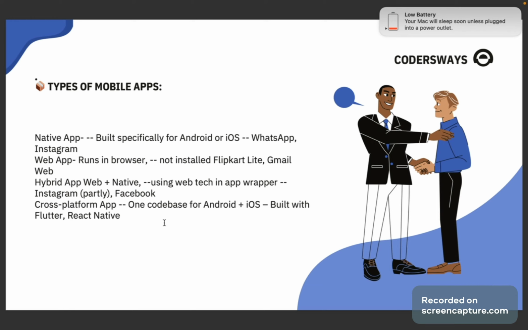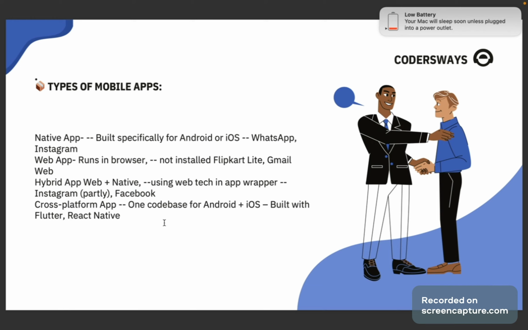Backend handles data, user login, server logic. For example, whenever a user fills the login form, after filling the login form, the server checks the details and sends a response back to your browser, means back to your client, right?